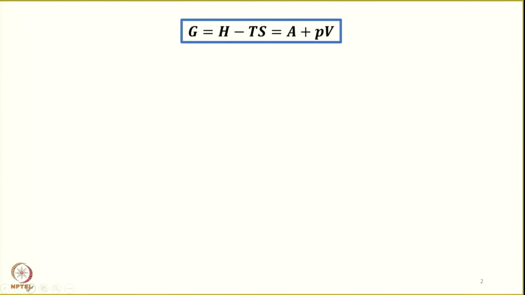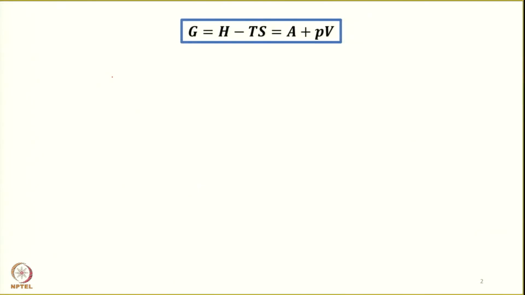Now, sometimes we transform an equation into another form which is more useful in the sense that the properties that we want to discuss or the equations that we want to establish become easier. For example, here when I say G is equal to H minus TS, I can write H equal to U plus PV. This is for H, minus TS is already there.